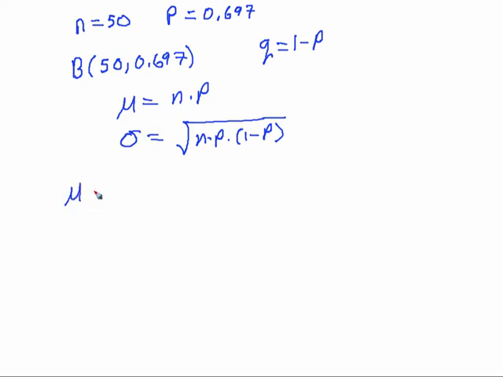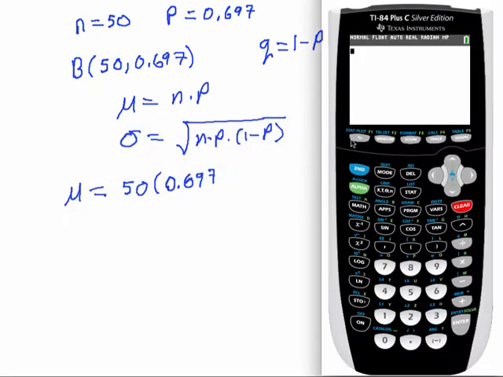So let's go ahead and find out what mu is. Mu is going to be equal to 50 times 0.697. I don't think I can do that in my head, so let's grab my calculator real quick. We go 50 times 0.697, hit enter, and we get back 34.85.